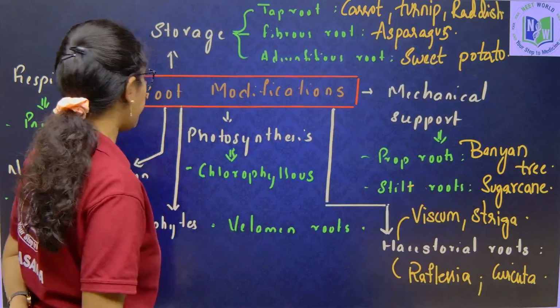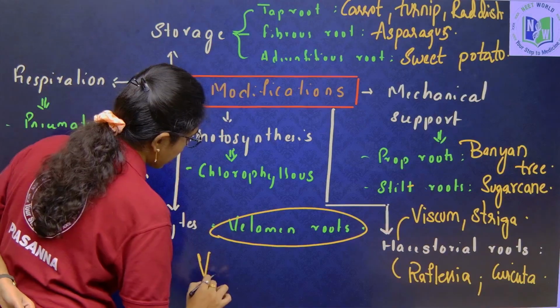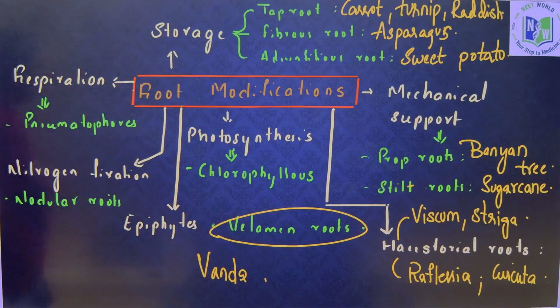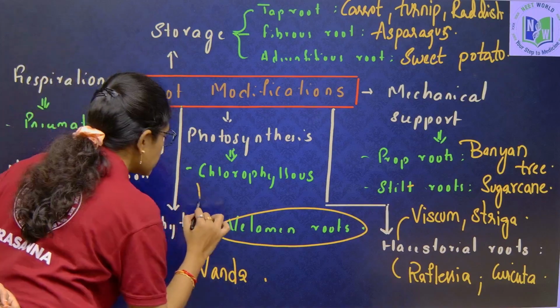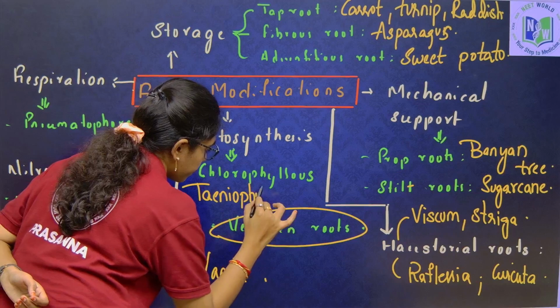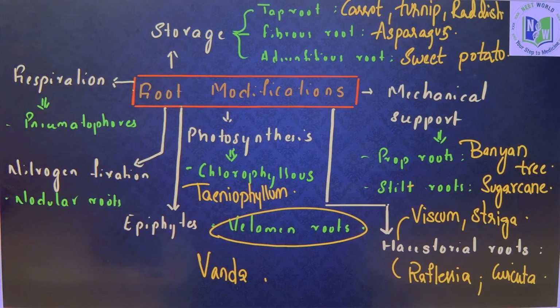And then epiphytes. In epiphytes, velamen roots are observed. Best example is Vanda. Next, photosynthetic roots which are chlorophyllous. Best example is Taeniophyllum. Next, nodular roots for nitrogen fixation.